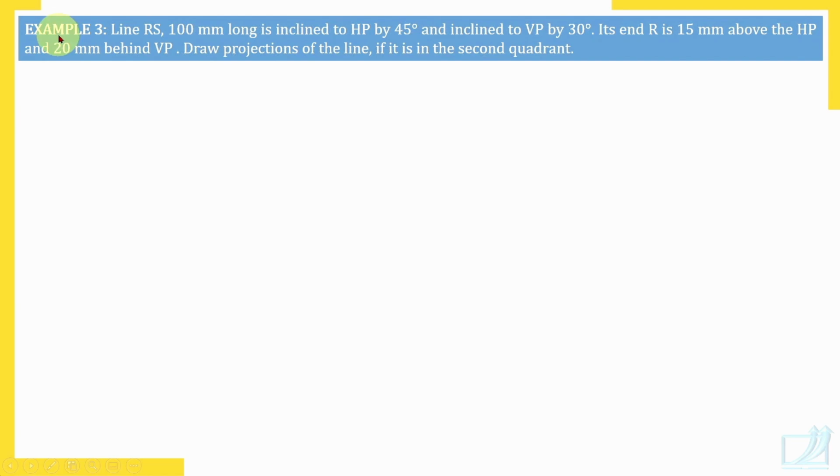Read this problem. Line RS is 100 millimeters long. So true length is 100 millimeters. It is inclined to HP by 45 degrees. So theta is 45 degrees. Inclined to VP by 30 degrees. So phi is 30 degrees. Its end R is 15 millimeters above HP and 20 millimeters behind VP. So R is the reference point.